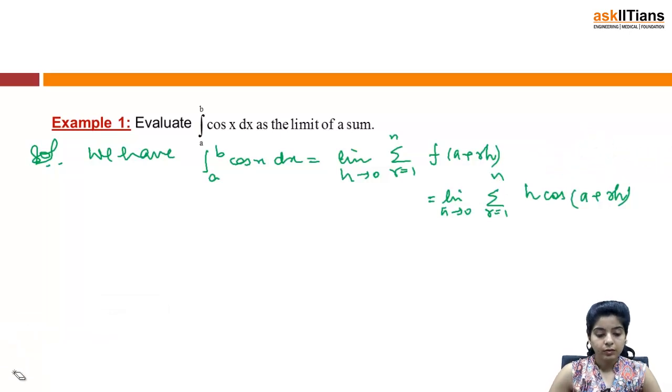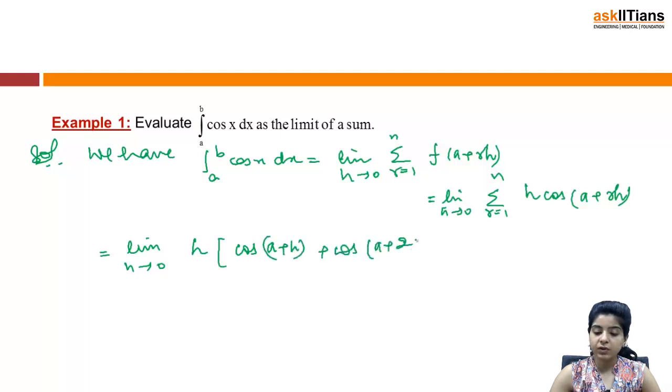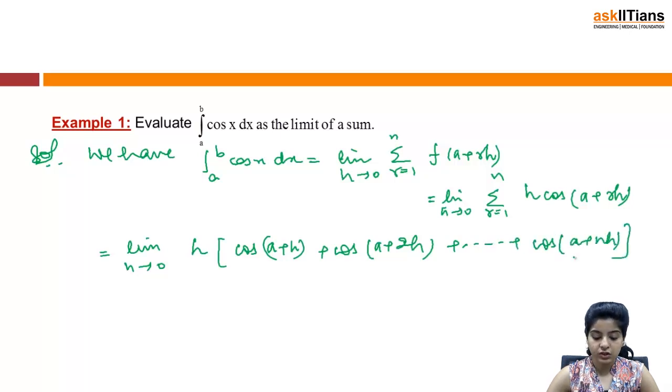Okay, so now what next? This can be written as limit h tends to 0, h, just open up this bracket, summation sign. So basically what we get is cos of a plus h plus cos of a plus 2h plus so on, cos of a plus nh, right?